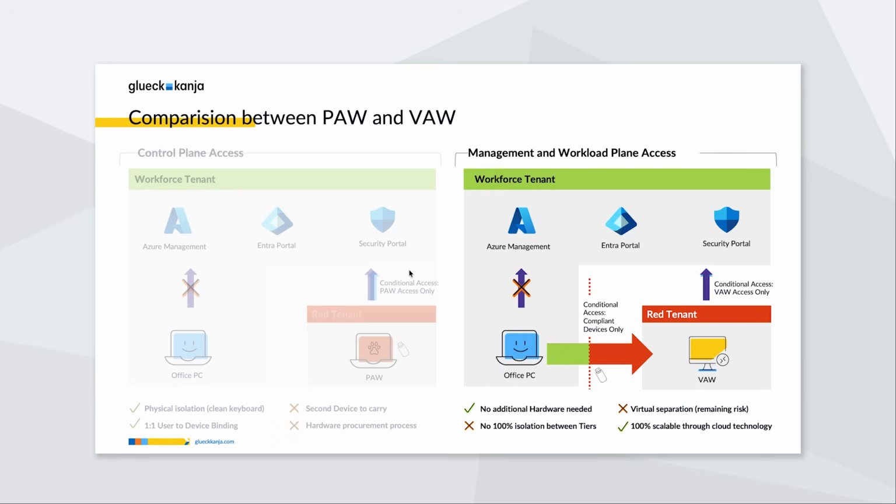So the other option would be a virtual access workstation that we can also use to administer the environment. And we have that login from the Office PC there. This is a critical point that we will discuss intensively in this webcast.